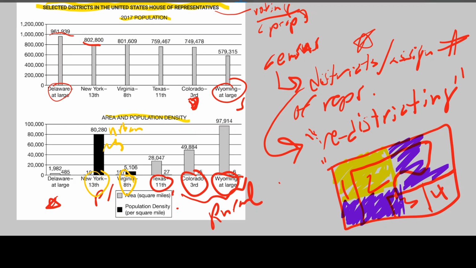Now that we've gone through redistricting for these areas, we have new districts. We have new boundaries that have been put into place, right? So we have this district down here instead. We have this district here and these districts here. So now I have 1 district all by itself.